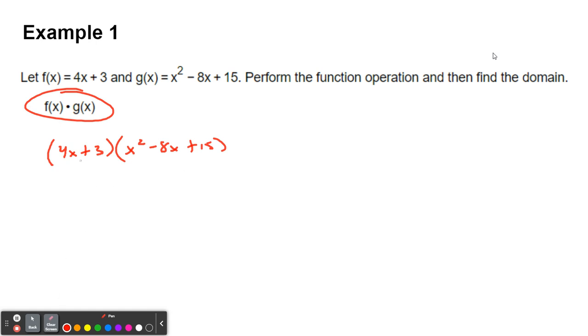So for those of you who want to do the rainbow method, yes, you would take 4x and multiply by x squared, negative 8x and 15, and take your 3 and multiply by x squared, negative 8x and 15. But I'm going to come over here and I'm going to show the table method, or the box method. So I'm going to put my 4x and my positive 3 here.